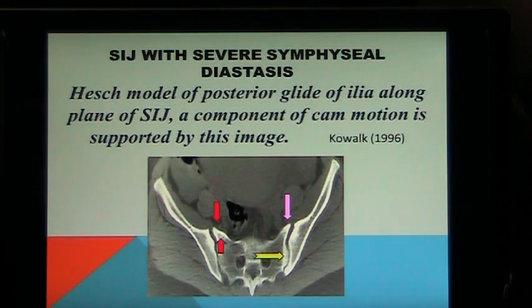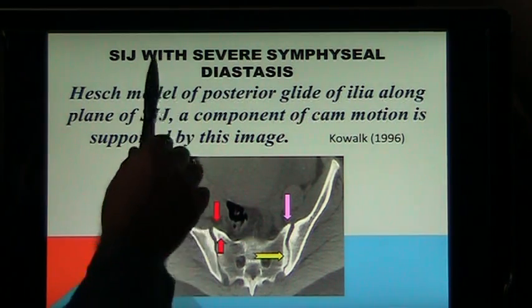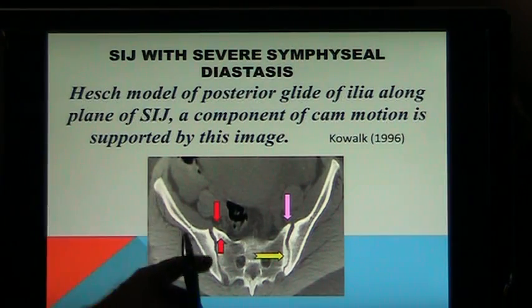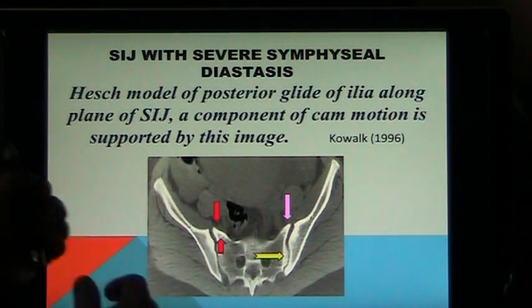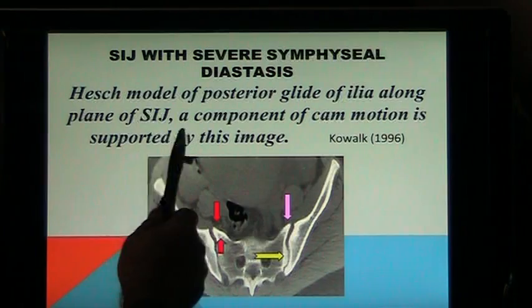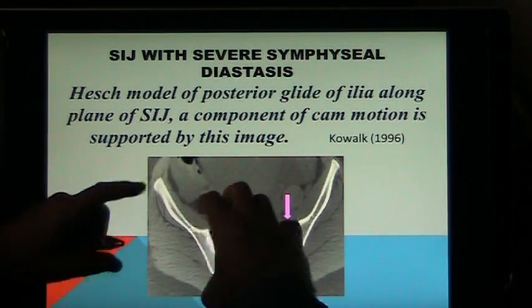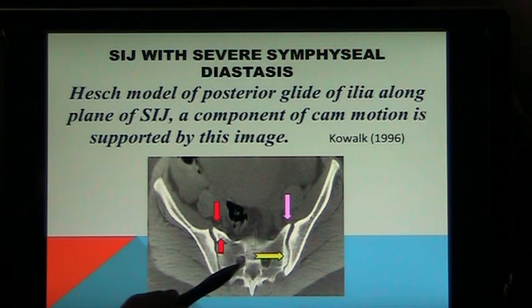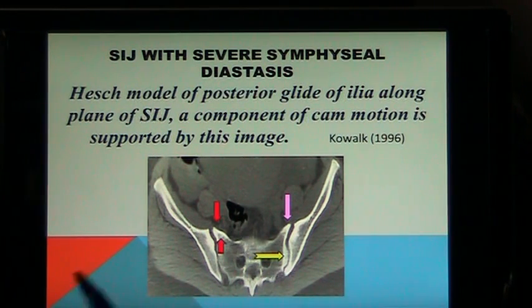I submit that the axial ligaments prevent those from coming any further, but also help maintain the opening in the outlet. So in my model for severe symphyseal diastasis, the ilia on each side glide along the plane of the SI joint. It's a component of that cam motion, and this is supported by Kowalk's image. That's a CAT scan image, and this supports that. I wish that I had normal anatomy right here to contrast with you. I apologize, I don't.